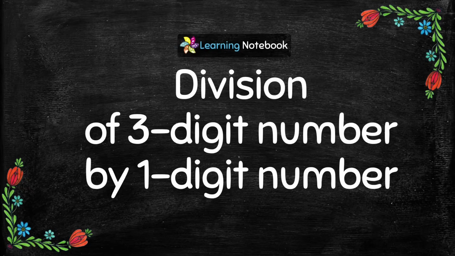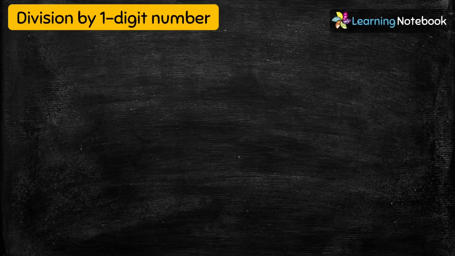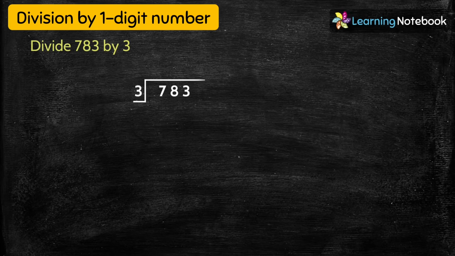Now we will learn division of 3-digit number by a 1-digit number. Question is divide 783 by 3. So let's form a tent and put dividend 783 inside the tent and divisor 3 outside the tent. Now first we have to divide 7 by 3. 3 into 2 equals 6 and 7 minus 6 equals 1.